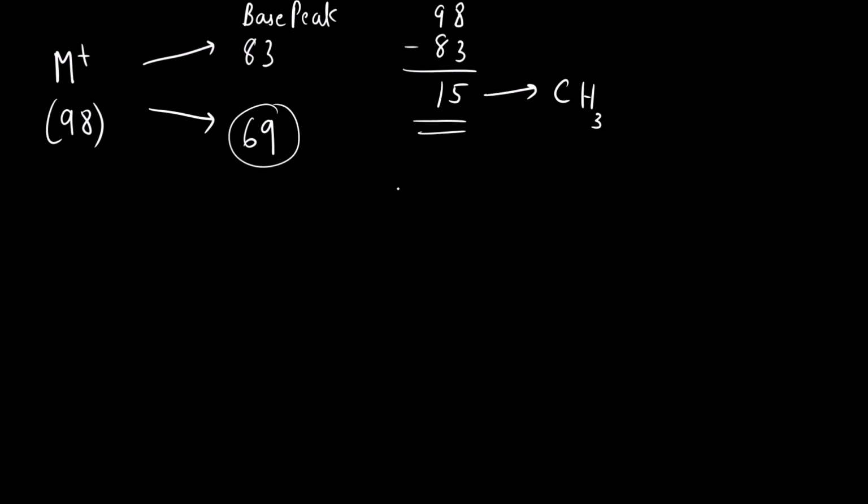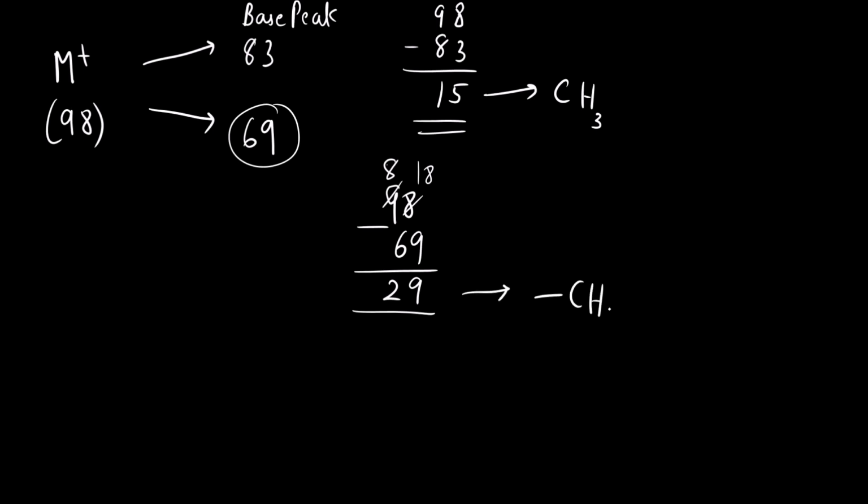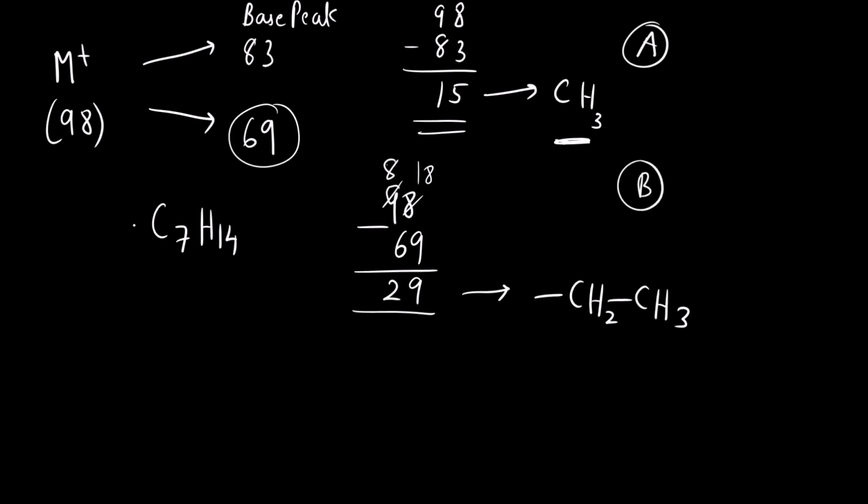Similarly, 98 minus 69 is 29, which corresponds to an ethyl group. Total we know it is C7H14. One carbon comes from the methyl, so the remaining are 6 carbons, and that will be a ring. So compound A will be methyl cyclohexane.